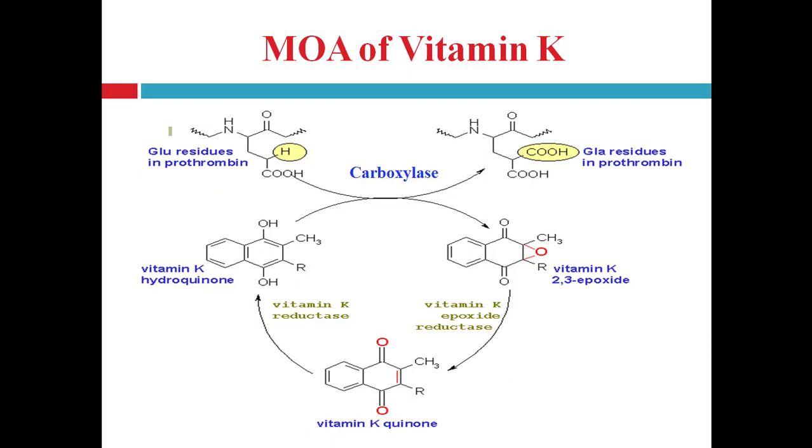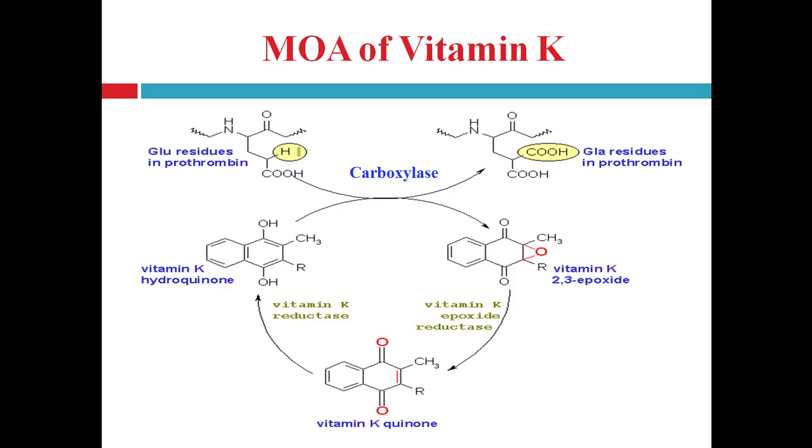Vitamin K is involved in the carboxylation of glutamate residues. This vitamin K dependent change in the factors is the carboxylation of glutamate residues. These glutamate residues are part of different clotting factors, that is prothrombin and factors 7, 9 and 10.